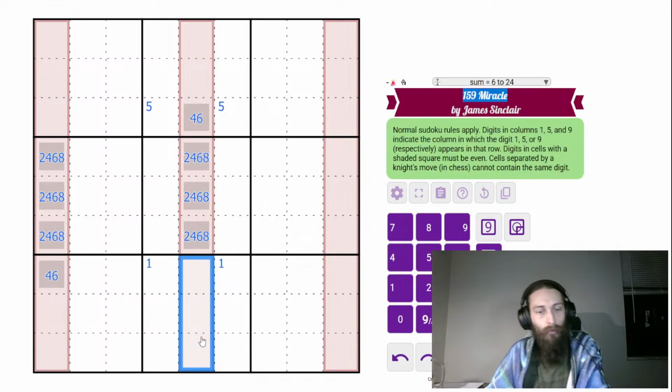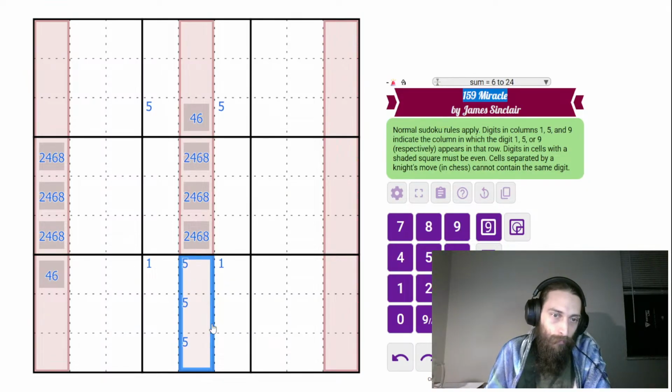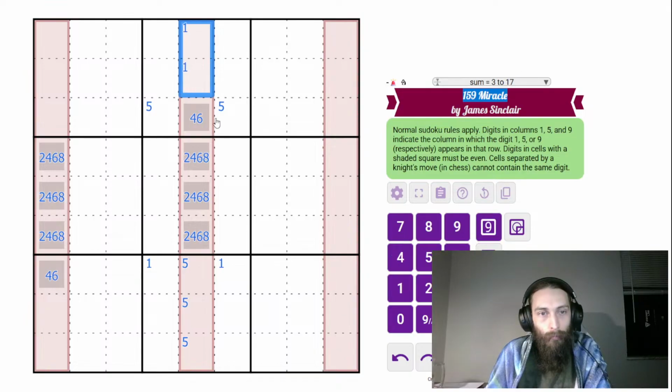I guess that gives us a 5 in this column. And a 1 in box 2, top of the column. Oh yeah. So that would give us a 5 there.